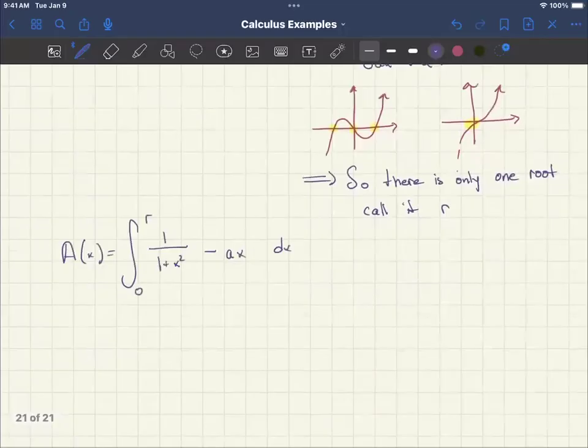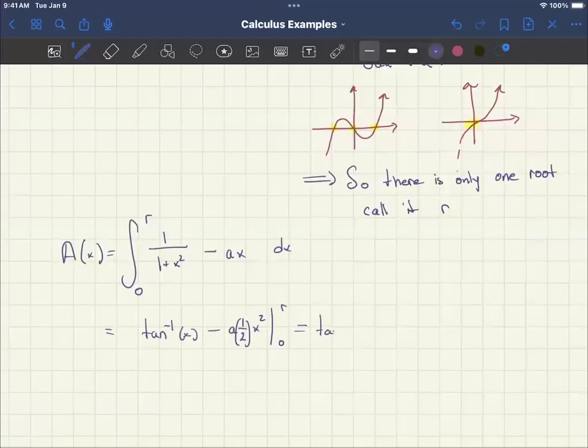Now that we have the equation set up, for 1 over 1 plus x squared, the antiderivative is tan inverse of x. And for our second part, we are going to add 1 to our power and divide by our new power, and we are evaluating from 0 to R. So this gives us tan inverse of R minus a over 2, I'm going to slap those two together, times R squared.